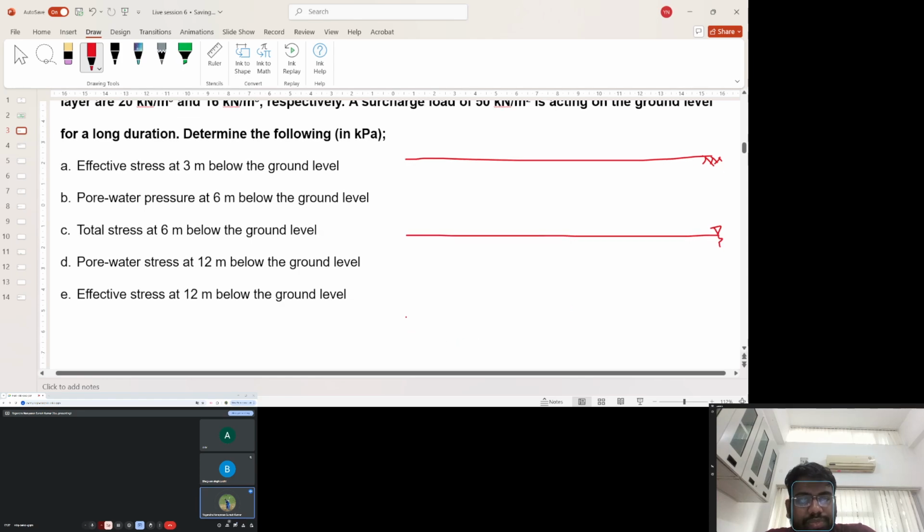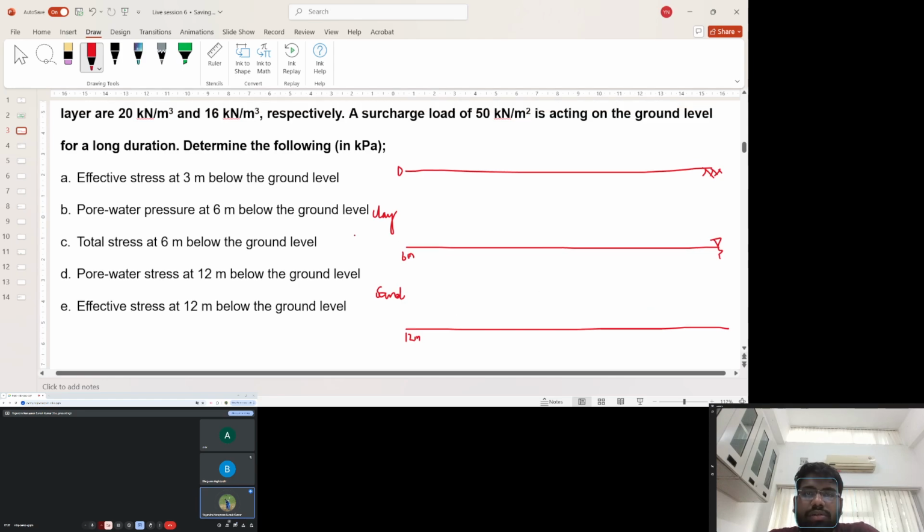Let this be sand deposit, sand, clay, 0, minus 6, minus 12. I'm just writing the level, or if it is confusing, let me just write it as 6 meters, 12 meters.